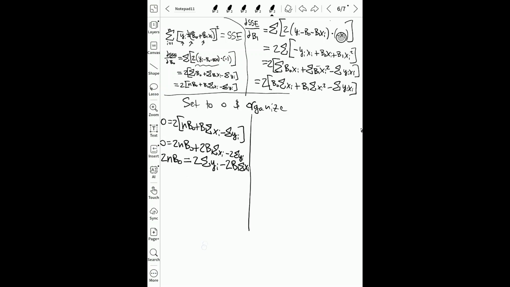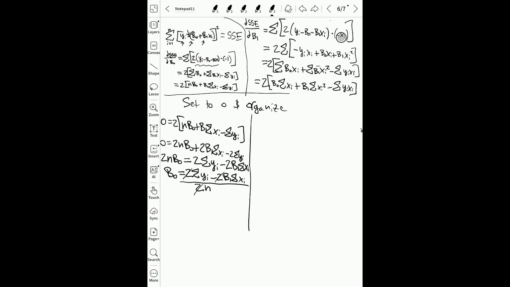And now all we need to do is just take these coefficients away from the beta naught by dividing them. So we're going to have 2 sum of yi minus 2 beta 1 sum of xi, and that's going to be all over 2n. And now we can finally get rid of that 2 that's just been bothering us forever, so we can go ahead and cancel that.